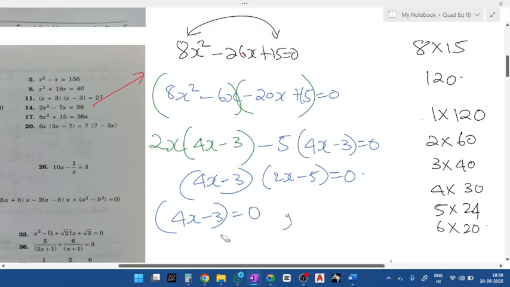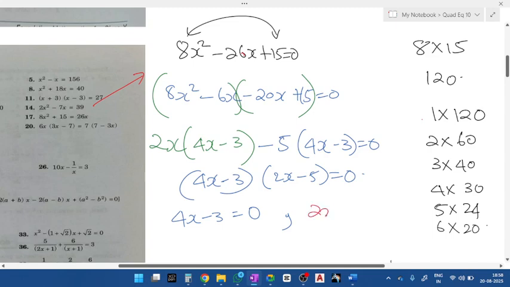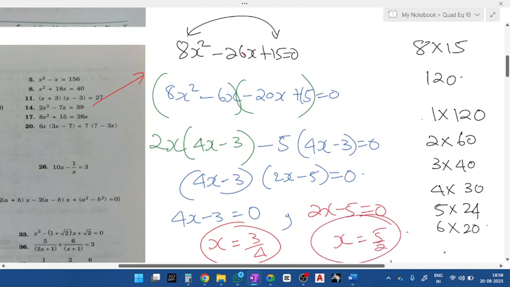Is equals to 0 and 2x minus 5 is equals to. Okay, tell me the direct answer for x. 3 would go the other side and 4 gets divide. This side 5 by 2. Okay, all of you are done, completed the answer.